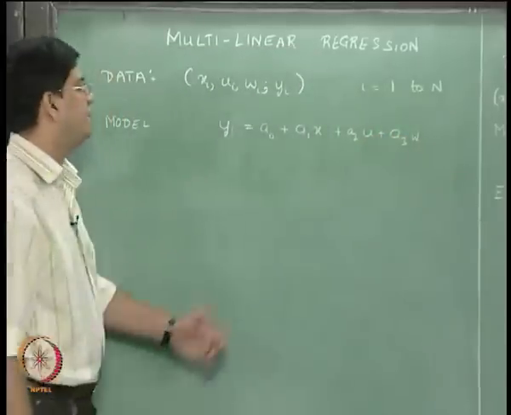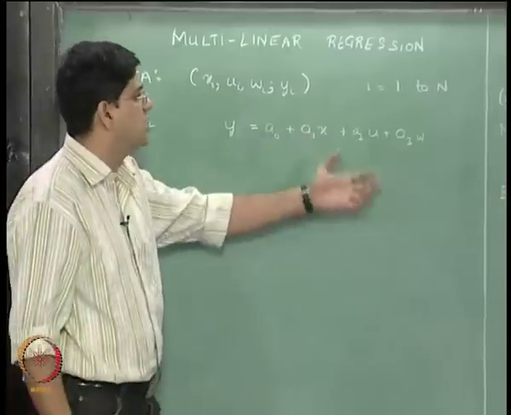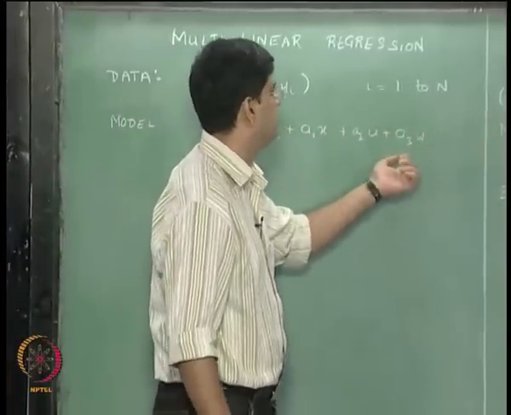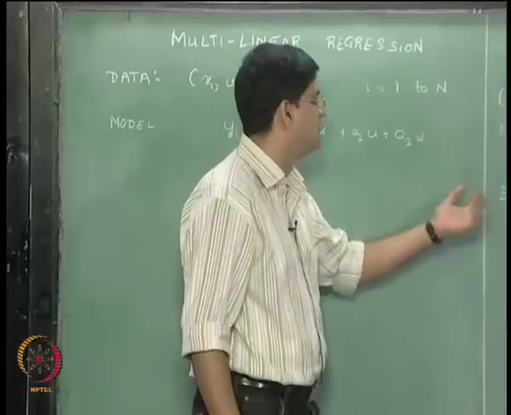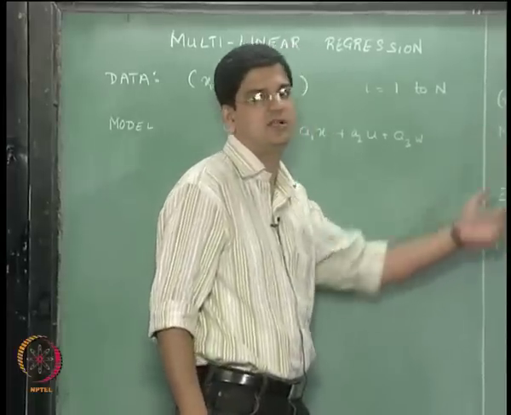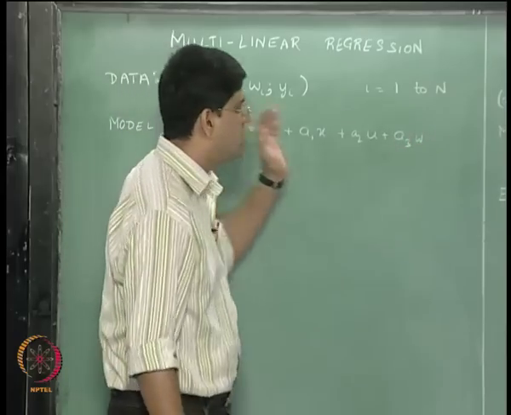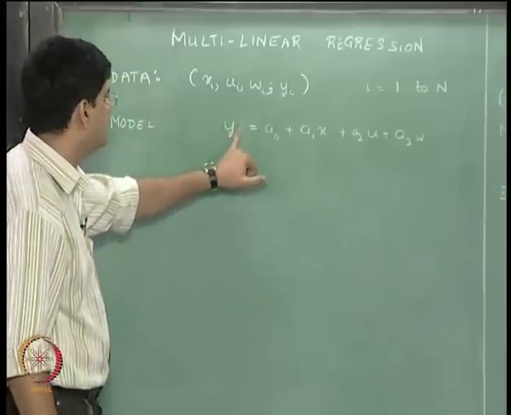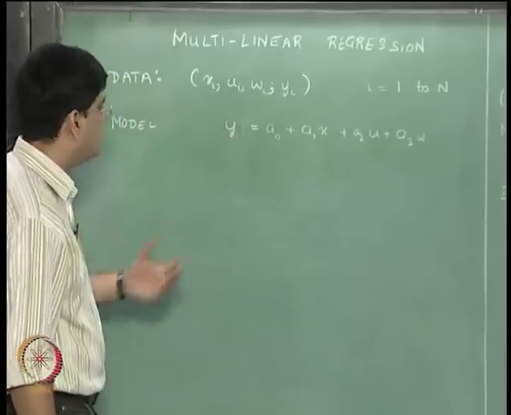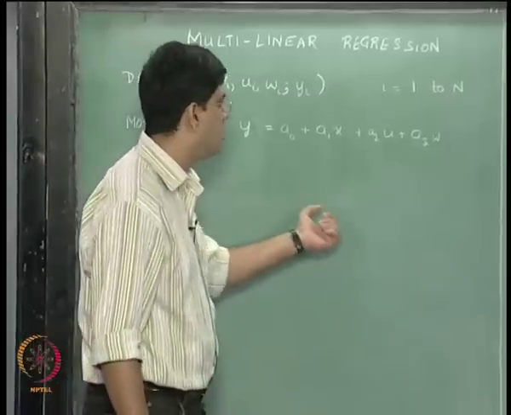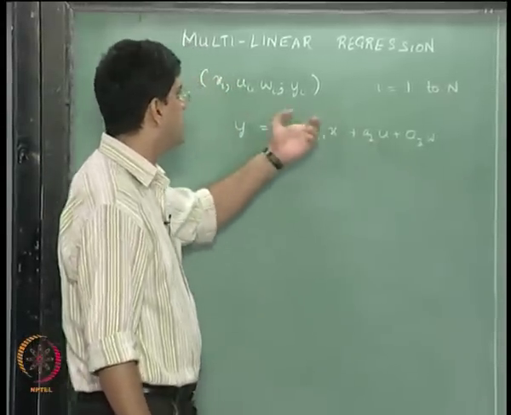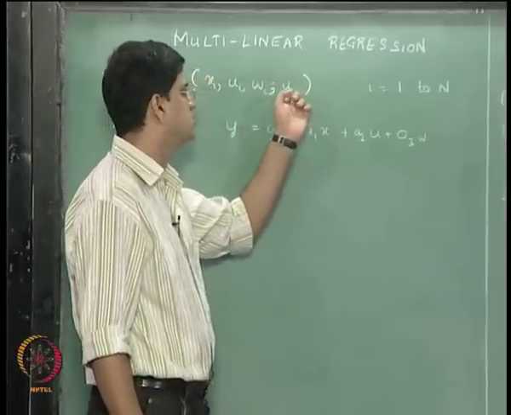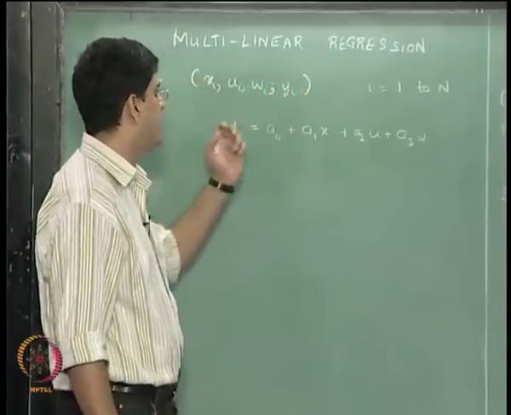If we have additional variables, say v, m, q, it will be a4 multiplied by v plus a5 multiplied by m plus a6 multiplied by q, so on and so forth. There is no restriction on the number of variables we might be able to have in our model. The number of variables in our model is predicated by how many terms the dependent variable y depends on.